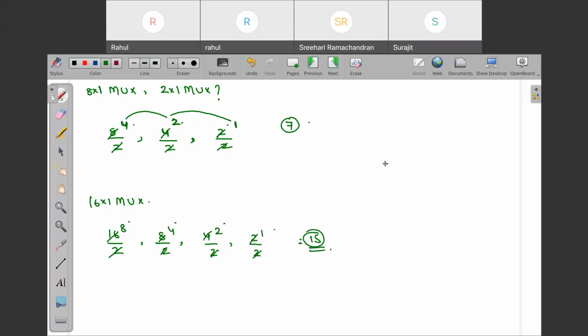Okay. Now if I ask you, 16 cross 1 mux using minimum number of 8 cross 1 mux and 4 cross 1 mux and 2 cross 1 mux.